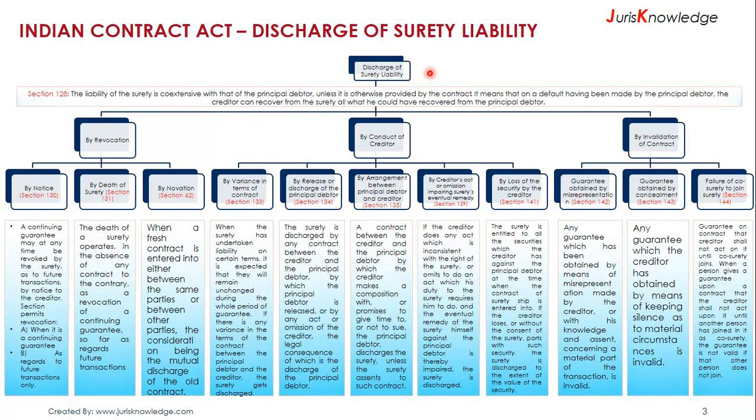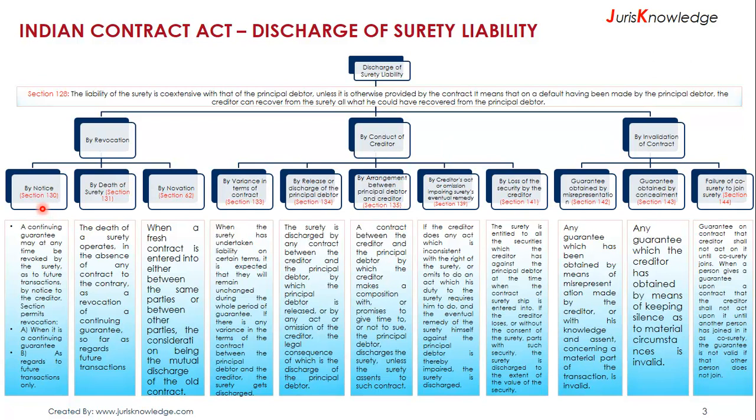There are specific situations under which the surety can be discharged from his liability. There are three categories for discharge of surety liability: by revocation, by conduct of the creditor, or by invalidation of the contract.